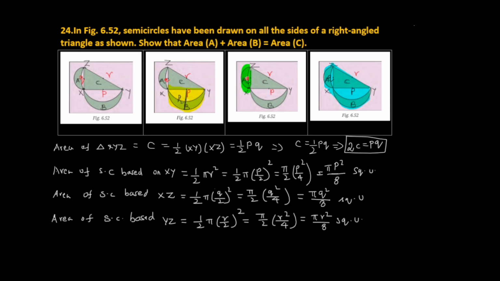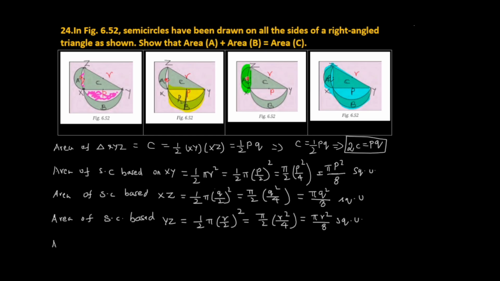Now we need to find the area of only the portion A and B. In that, this portion is overlapped. Here you can see the overlapped portion. When we are calculating the semicircle, we are including this portion also. We need to remove that portion.